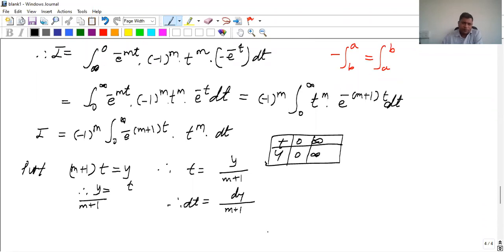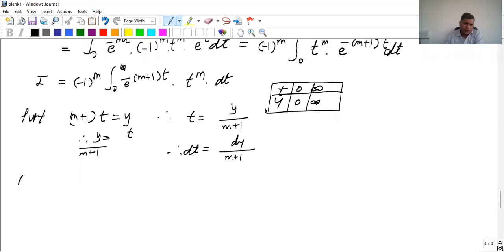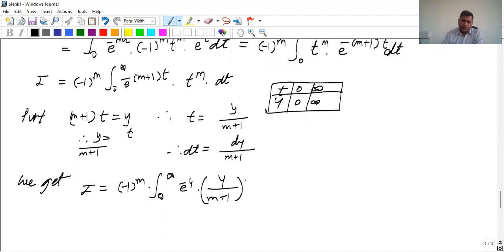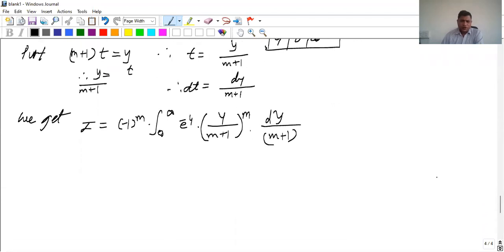Hence we get I is equal to (-1)^m remains as it is, 0 to infinity, e^(-y), then t is going to be (y/(m+1))^m, and here we have dy upon m+1. Is that okay?